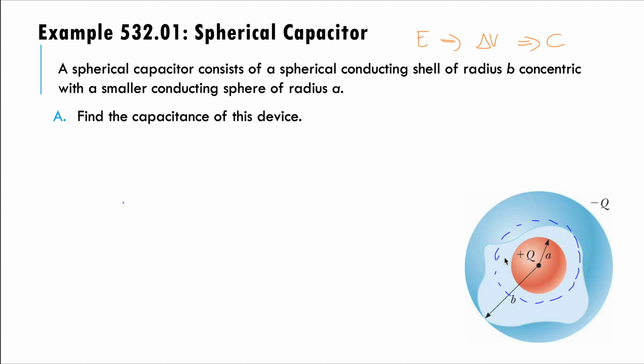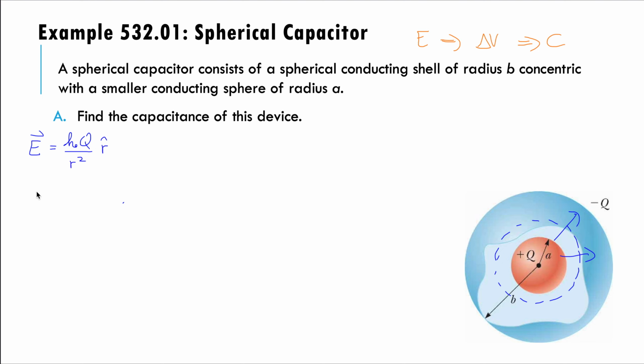We've seen many times that the field in this region is going to point outwards, and it's going to look like the field due to a point charge. So I will skip Gauss's law for this one, just because we've done it many times. E equals k_e q over r squared, and the direction is r hat, pointing away from the charge.